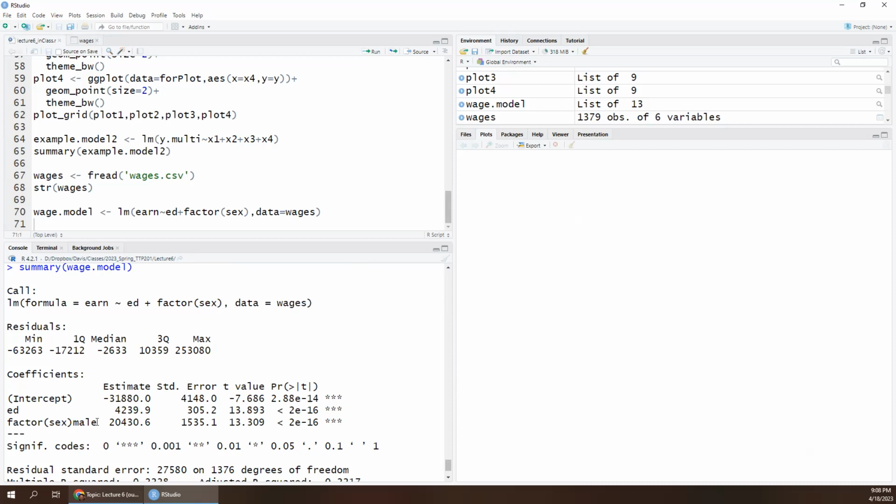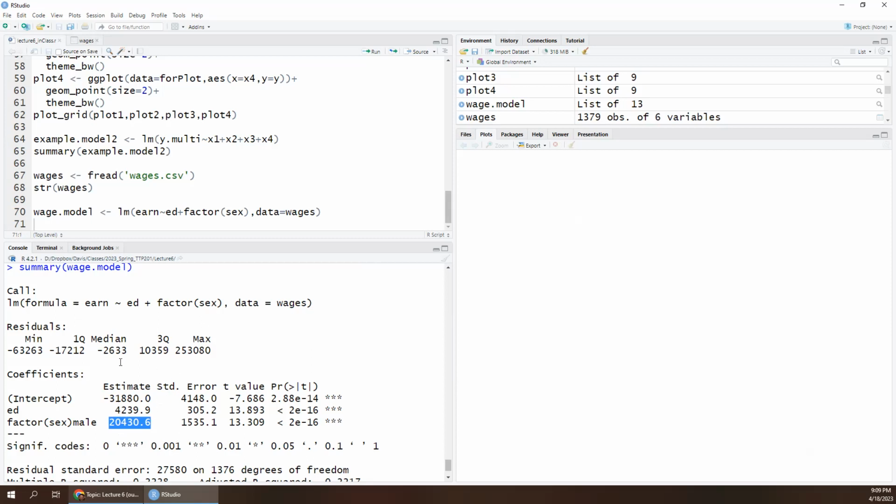So this interpretation is actually a little bit different, right? Because we're no longer dealing with a continuous variable. In this particular example, the way to interpret this is that for whatever person or category is indicated here, in this case male, you're saying if the person is male, then on average their earnings are $20,430 higher than your baseline.